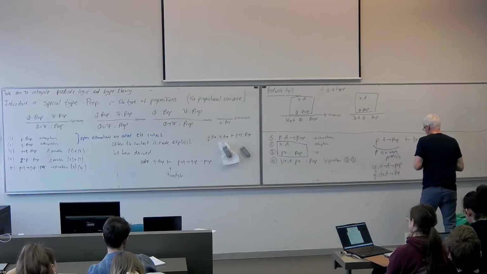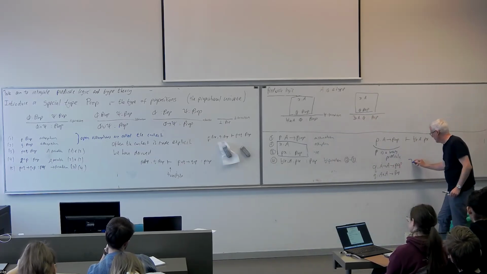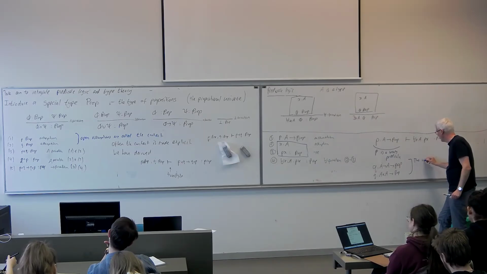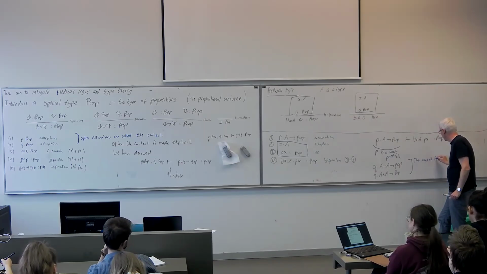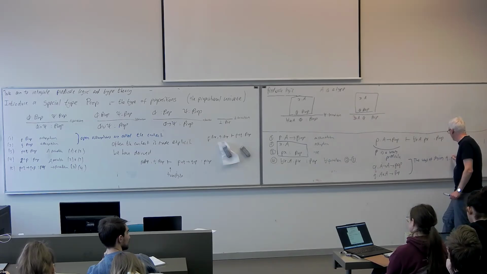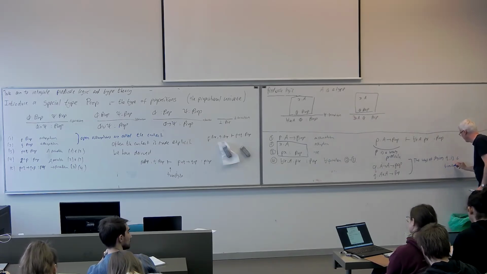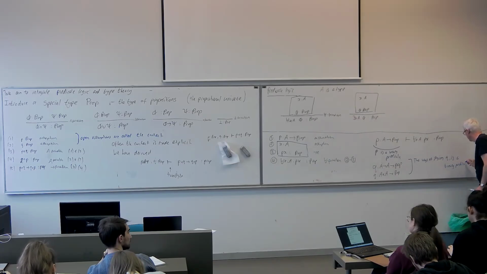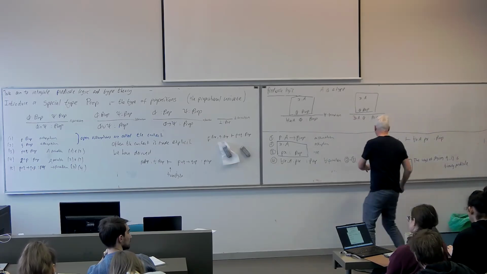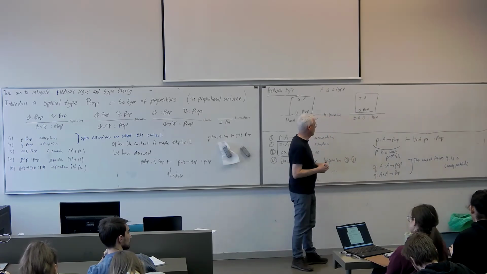So these are two ways of saying Q is a binary predicate. And it generalizes to an arbitrary number of arguments.